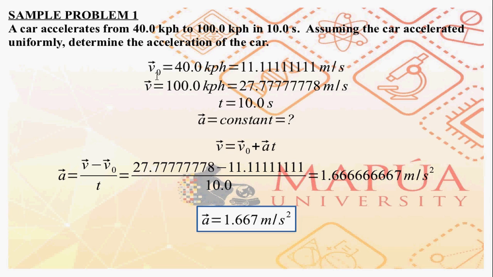So the initial velocity is 11.1111 and so on meters per second. And the final velocity is 27.777 and so on meters per second. The elapsed time, the time of travel, is given to be 10 seconds. So t is equal to 10 seconds.